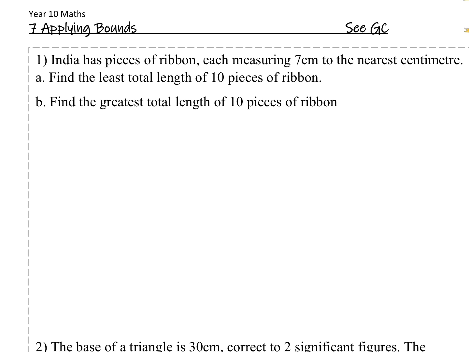Before I even read the question any further, once I realise it's a bounds question, here, greatest total or least total, that tells me it's a bounds question, I would get the bounds for 7. So 7 centimeters will have an upper bound and a lower bound. It's been rounded to the nearest centimeter.